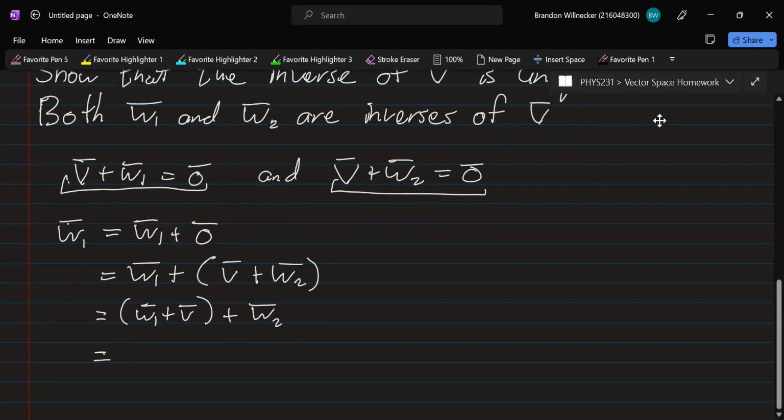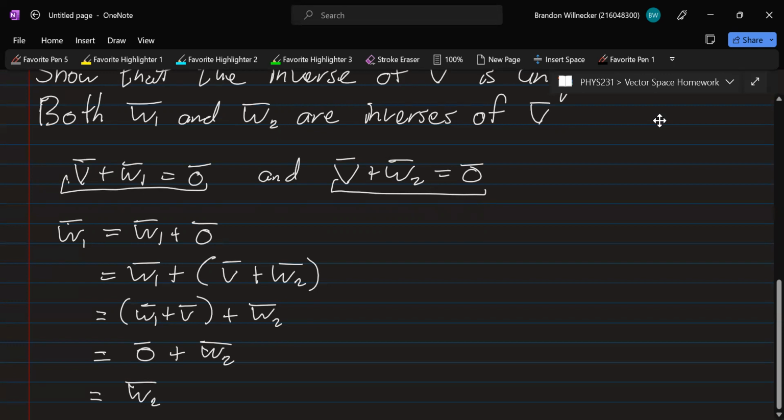Now, W1 plus V, that's also the zero vector, using that first equation that's underlined. So this is the zero vector. But since we have the zero vector plus another vector, the zero vector doesn't add anything to it, so this is just W2.